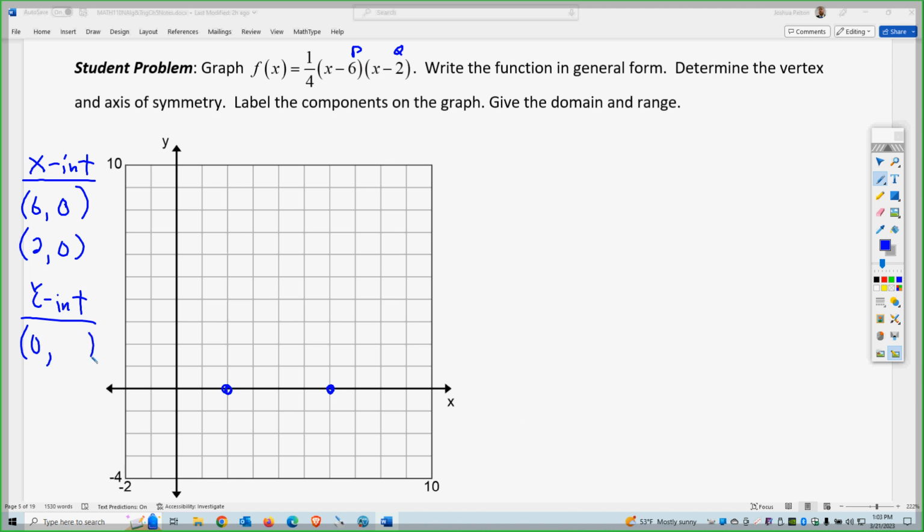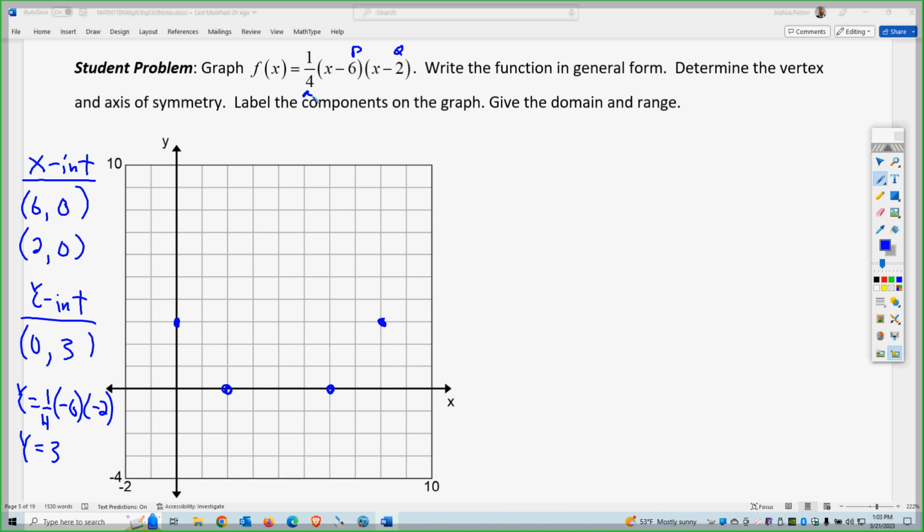So if I plug in a 0, I'm going to get y equals 1/4 times -6 times -2. So that's really 1/4 of 12, so 3. So 1, 2, 3 is the intercept there, and we have to go the other side symmetrically, and we get a point there. So obviously this one points up because a value is 1/4, right?